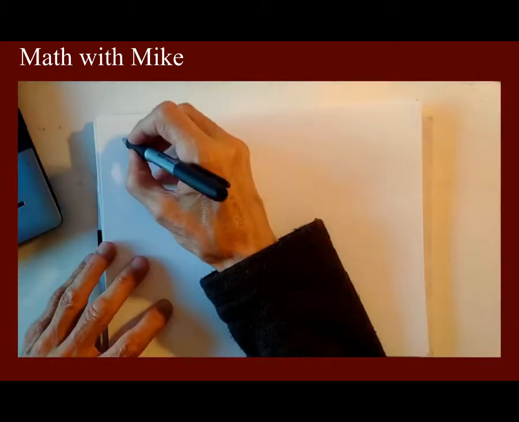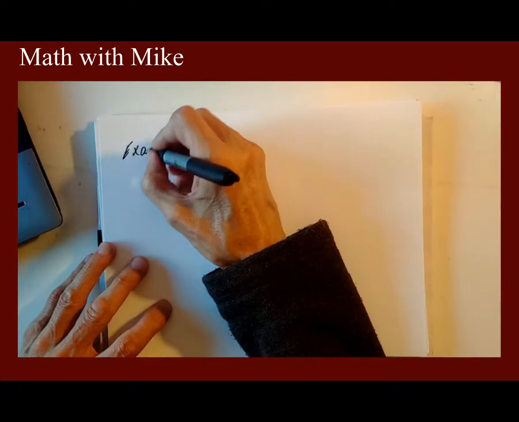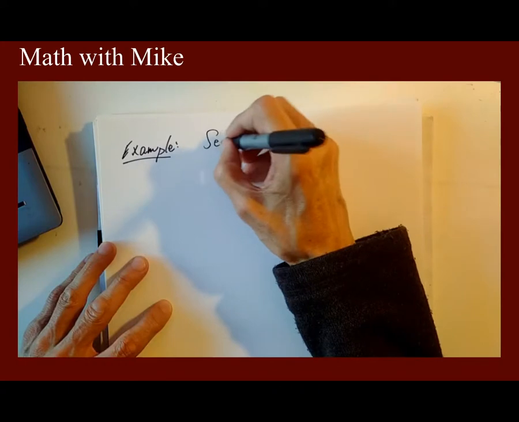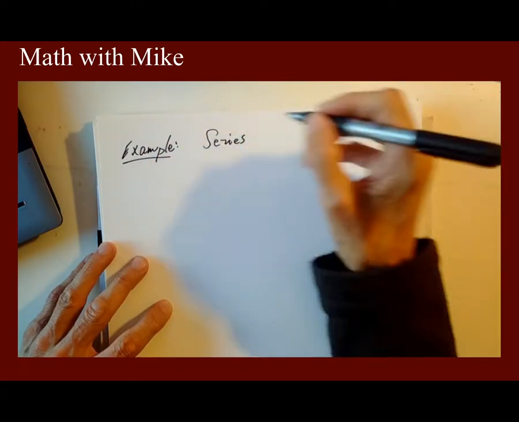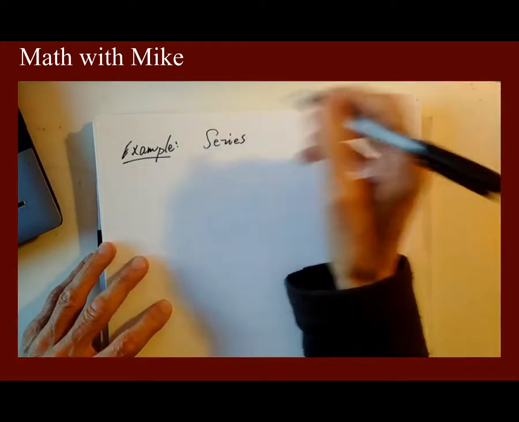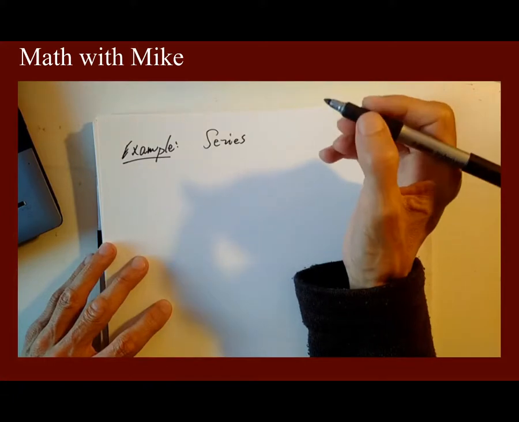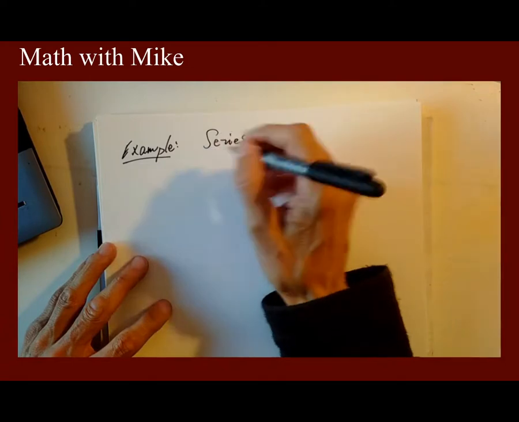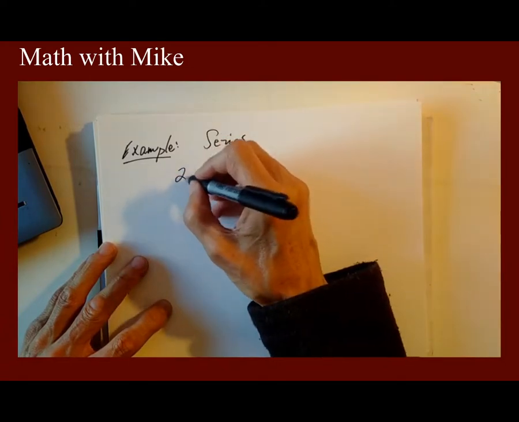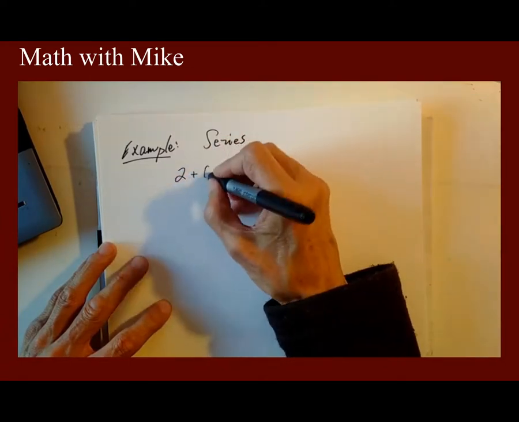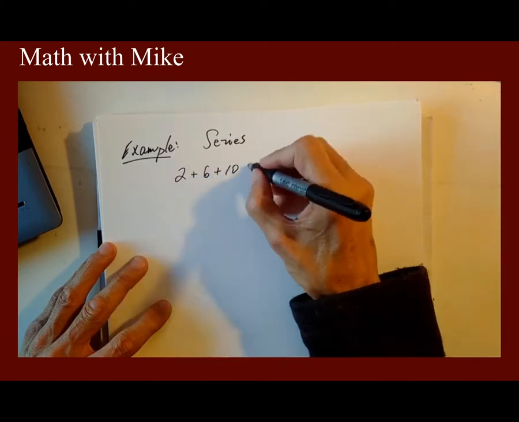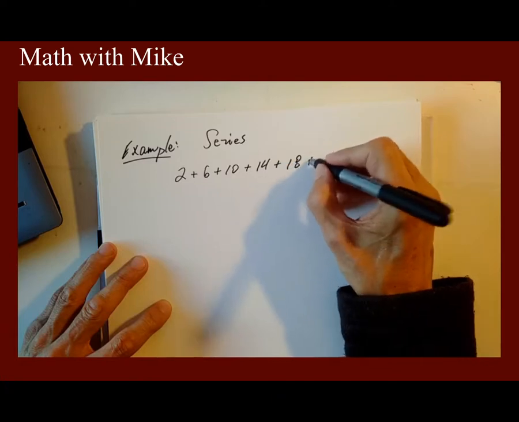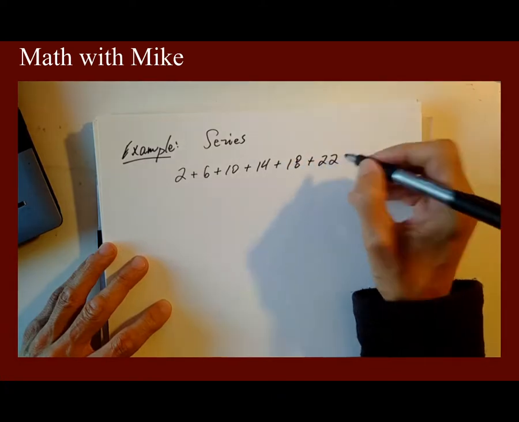So an example for you will be a series where all the numbers are added up. How about we'll use this series here. We'll say 2, 6, 10, 14, 18, 22.